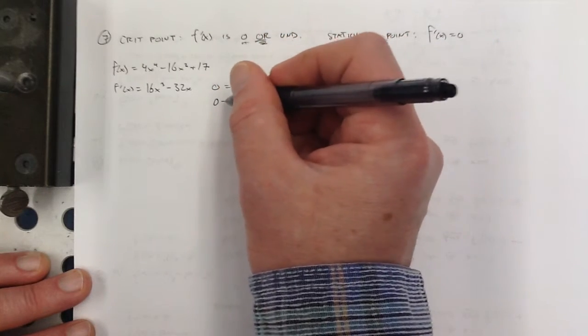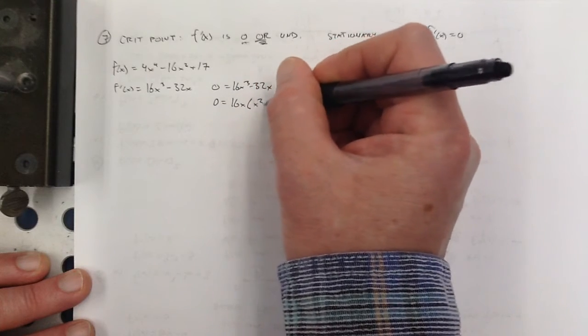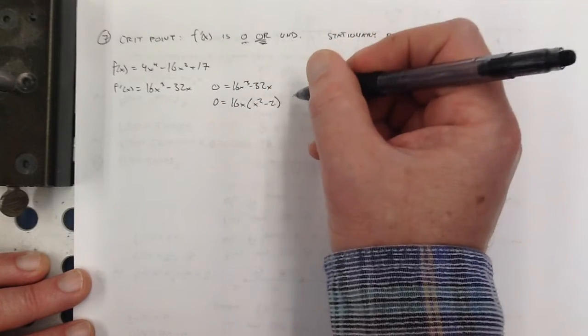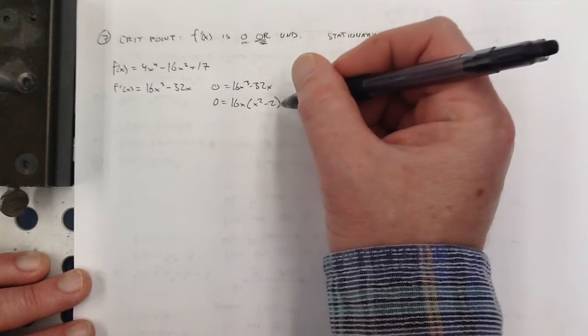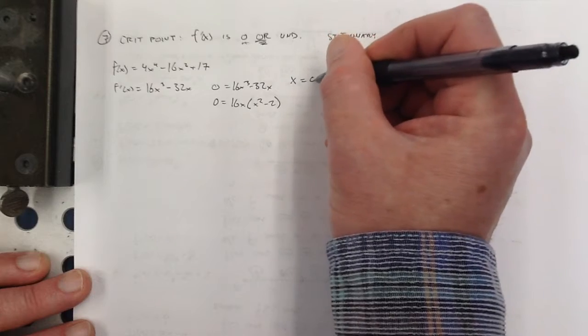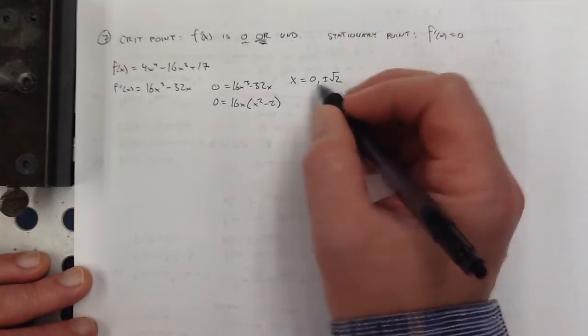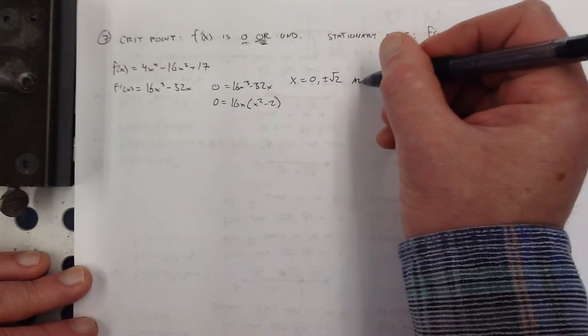And factor, because that's what you do. So it looks like I have critical points at x equals 0 and plus or minus the square root of 2, and they're all stationary points.